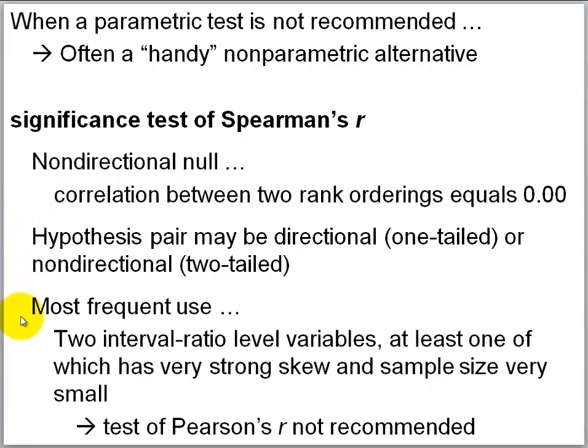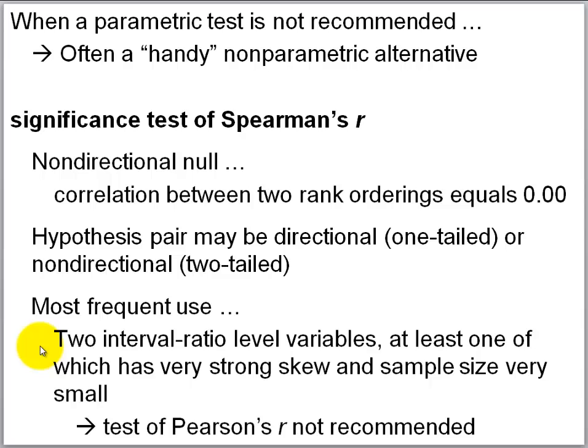There are really two situations when the significance test of Spearman's R is used. The first would be when interval ratio level data is highly skewed and sample size is small, in which case Pearson's R wouldn't be recommended. That's its most frequent use.